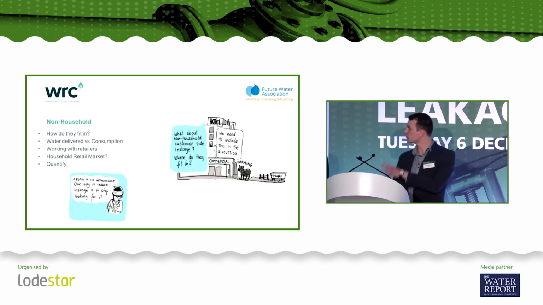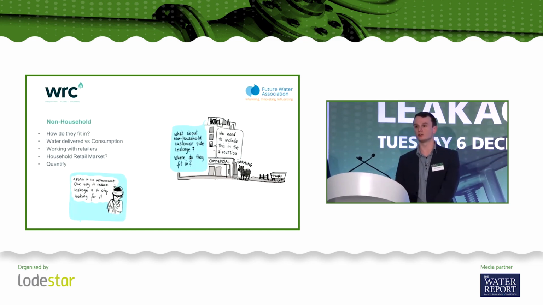And then the final point that we discussed, which I think is definitely an undervalued point when it comes to customer side losses, is around non-households. So how do they fit into the equation? And there's a lot of different factors around that. The first one that I've put up there is around the reporting angle. Obviously leakage on non-household customer supplies isn't currently leakage, but in reality it is.